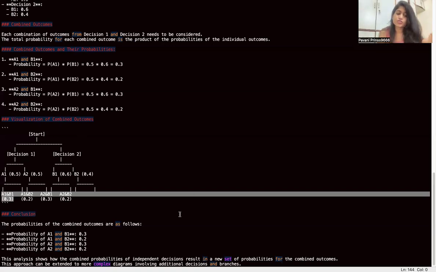This analysis shows how the combined probabilities of independent decisions result in a set of new probabilities of a particular combined outcome. This approach can be extended to more complex cases. If you want to do more complexity, you can go forward and do that also. So for 15 marks, I feel this is enough. And that's it for today.